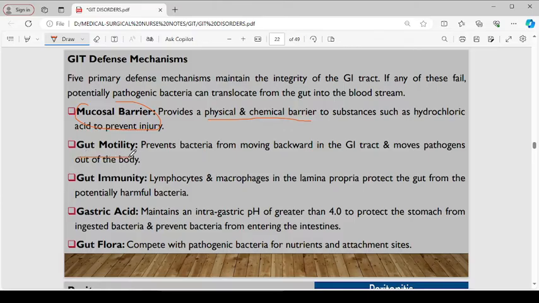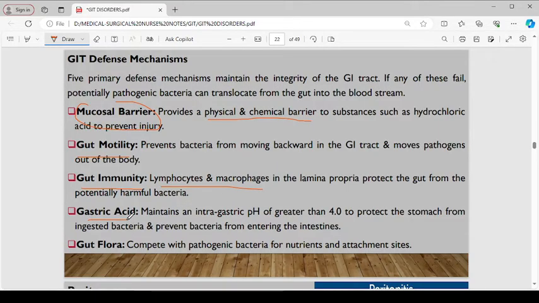GIT motility prevents bacteria from moving backward in the GI tract and moves pathogens out of the body. We have the gut immunity, consisting of lymphocytes and macrophages, especially in the lamina propria of the mucosal layer, which protect the gut from potentially harmful bacteria.